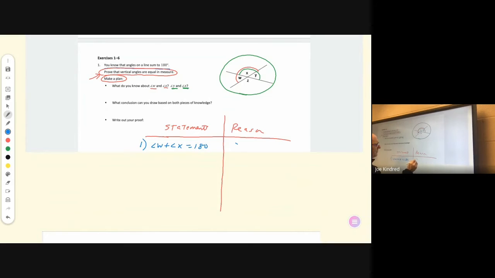And the reason? I'm going to abbreviate supplementary angles equal 180. Number two, angle Y plus angle X is equal to 180. And again, the reason is supplementary angles.